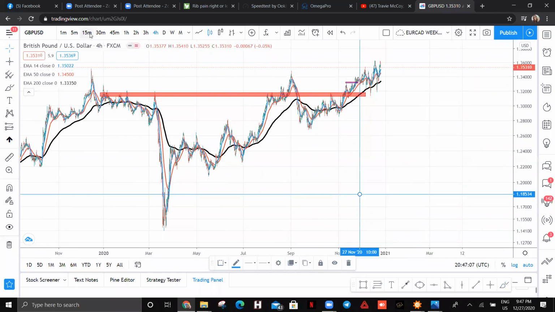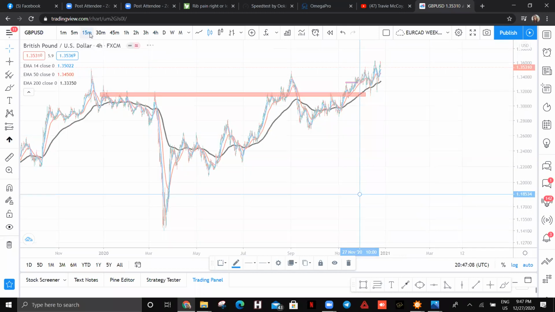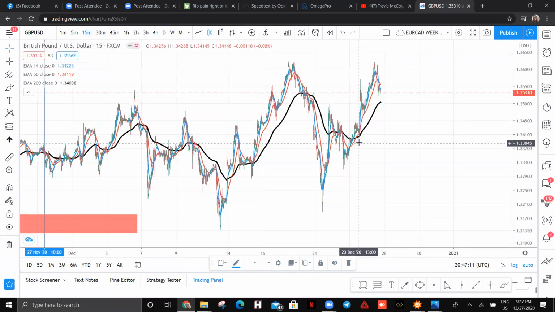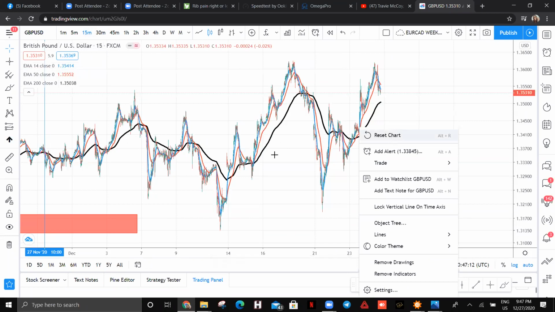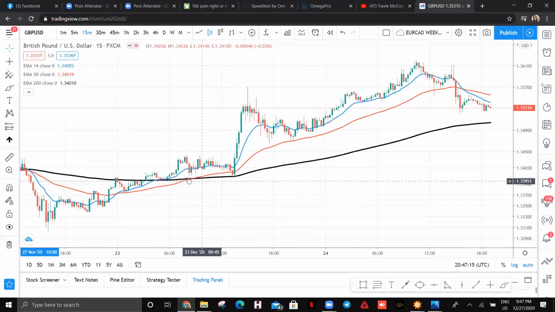Now you come to the 15 minutes. You've missed the buy opportunity here because see where the crossing happened. The crossing happened around here. See, price went above all this. You can see how the 200 is acting as a support here.